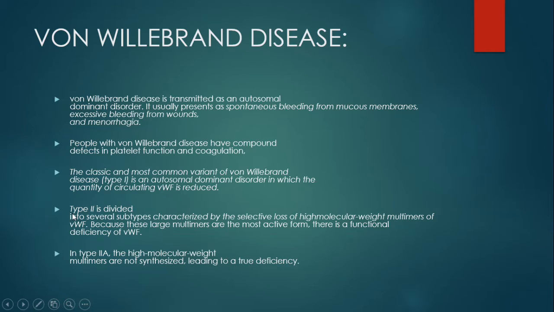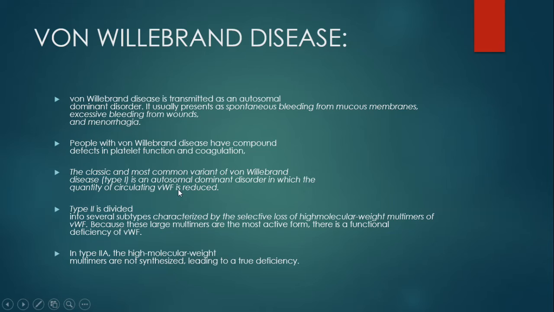Because these large multimers are the most active form, there is a functional deficiency of VWF. In type 1, there is a deficiency of VWF, while in type 2, there is a functional deficiency of VWF, which means we can say a qualitative defect.